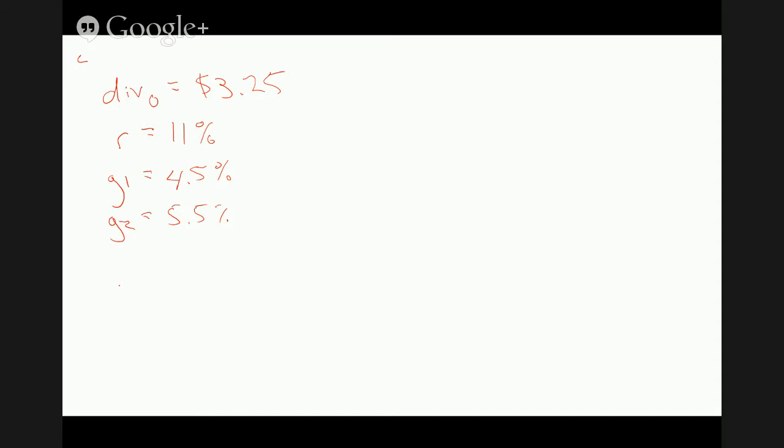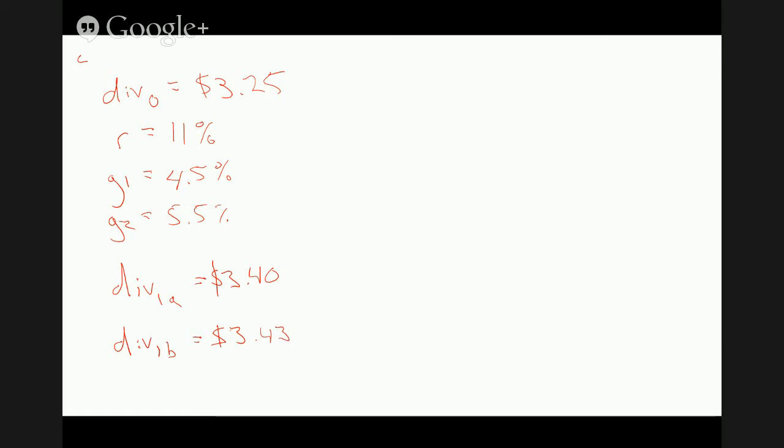So you know that the dividend 1 period from now under growth rate A, or the first growth rate, will be about $3.40. If you multiply by the other growth rate, we find a dividend of $3.43. So those are our two potential dividends.